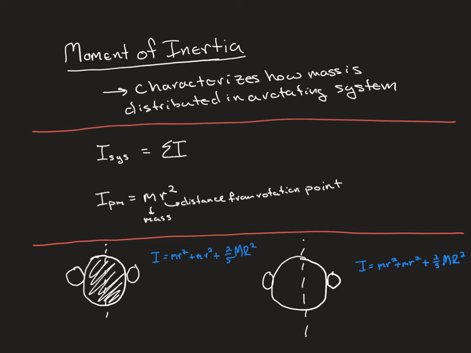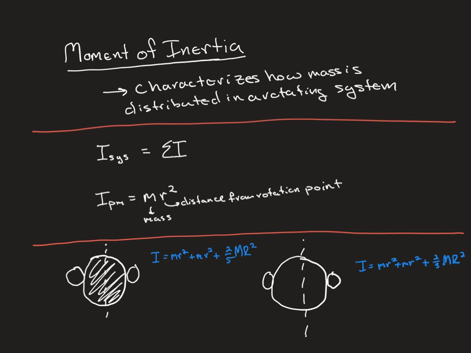And that takes into account the fact that there's mass inside of the sphere that has changing distance from the rotation point, because there's some mass that's really close to the rotation point and some mass that's farther away from the rotation point, versus here with the thin spherical shell, there isn't much difference between the distance between individual particles and the rotation point because it's along a thin shell.